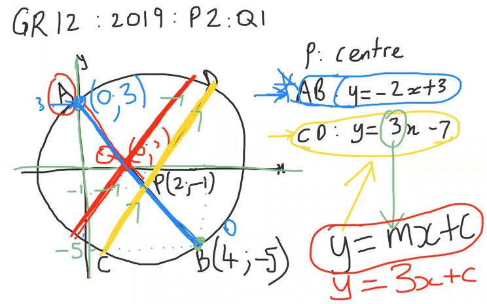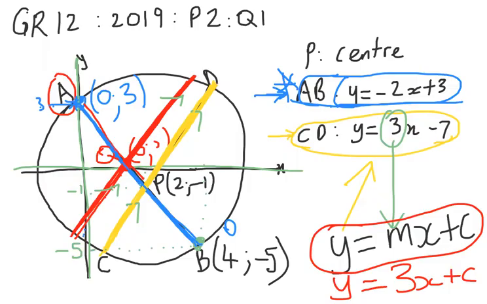So let's write the equation of the blue line, and remember that is y equals minus 2x plus 3. And why I'm writing that down is because Q is also on the blue line.